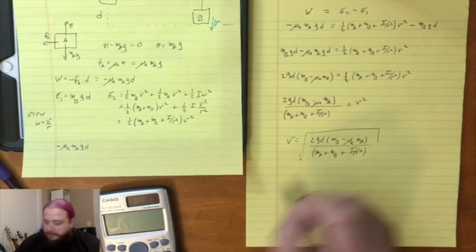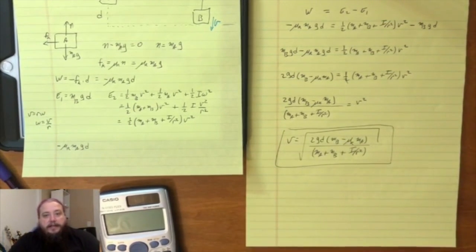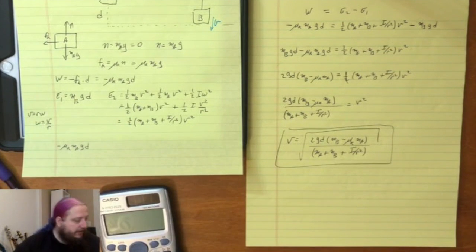Take the square root of that. It's a big old ugly algebraic equation. If we'd had any numbers for this problem, we could have plugged in some numbers and simplified our algebra a little bit.